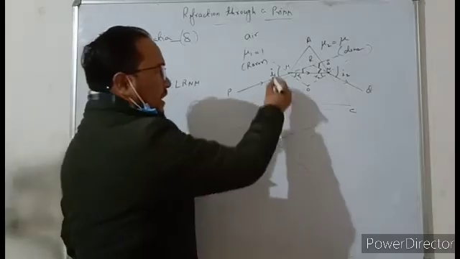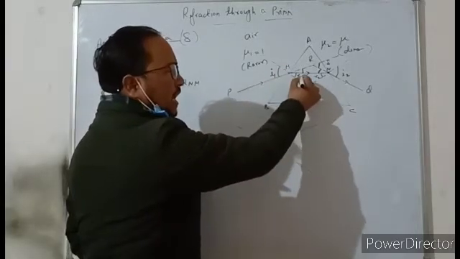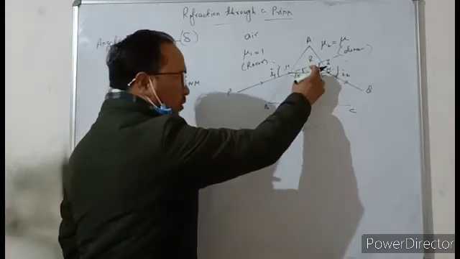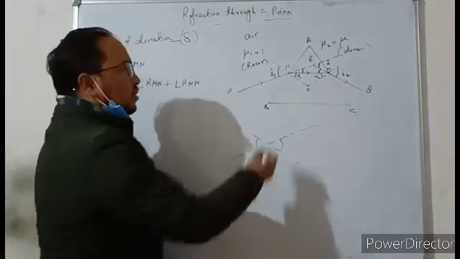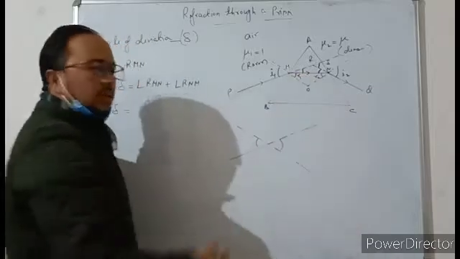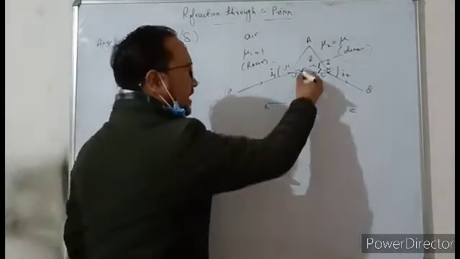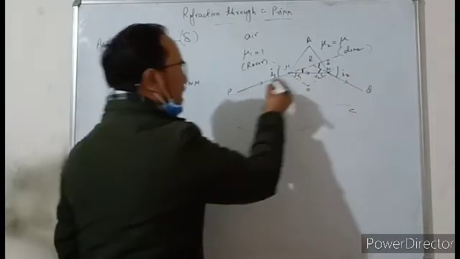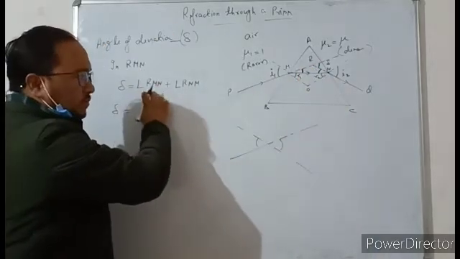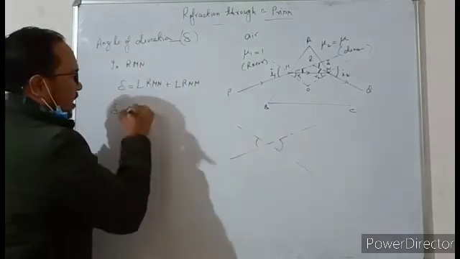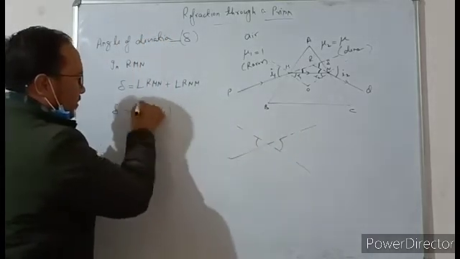Similarly, this angle is I1 and this one is angle R1. So this angle should be equal to I1 minus R1, because these are vertically opposite angles. So angle RMN is equal to I1 minus R1.